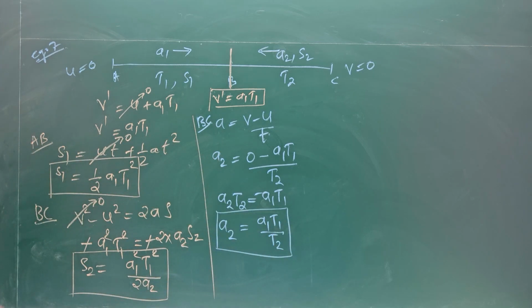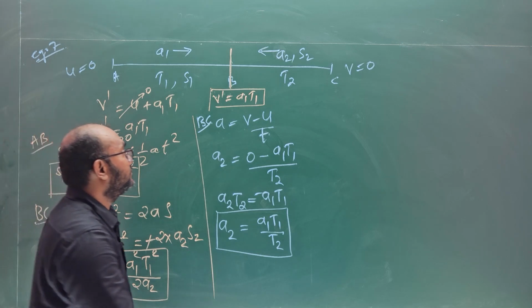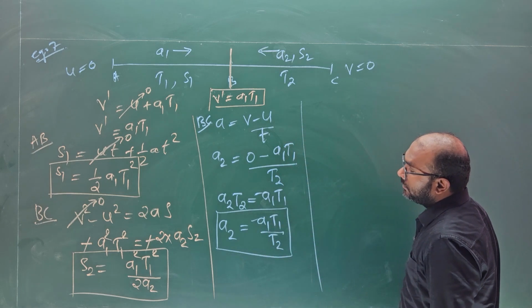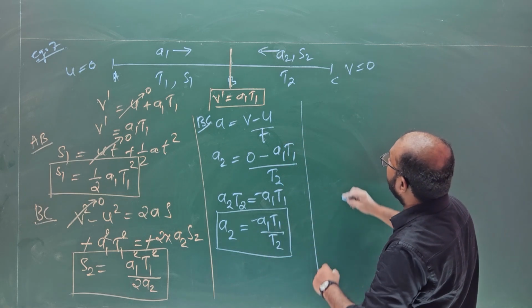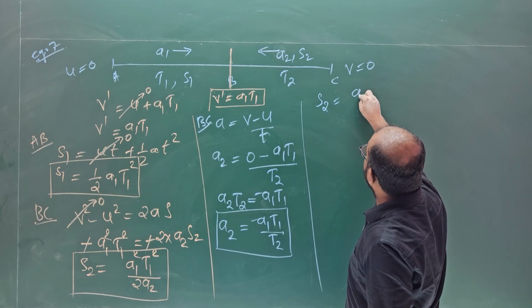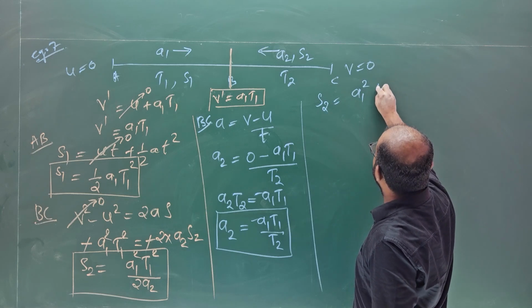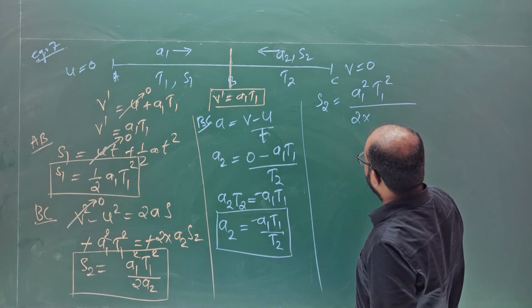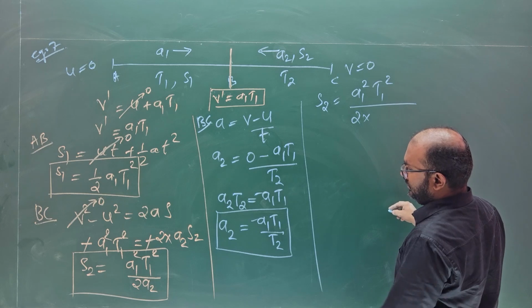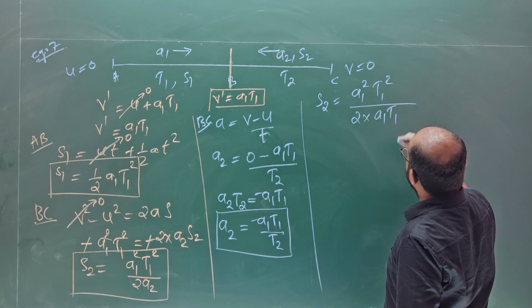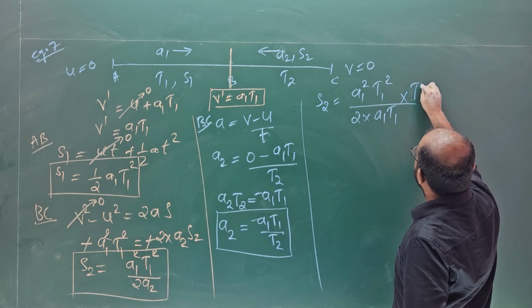Now, substituting the value of A2 here in this equation. So substituting the value of A2 in S2, which is A1 square T1 square upon 2 times A1 T1 upon T2.